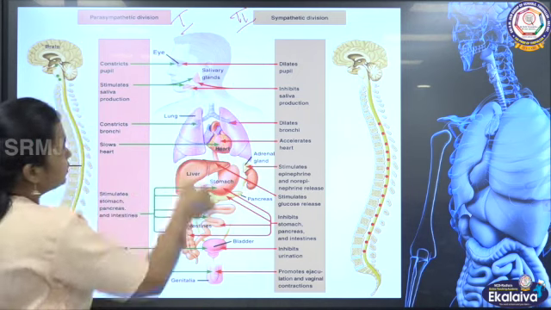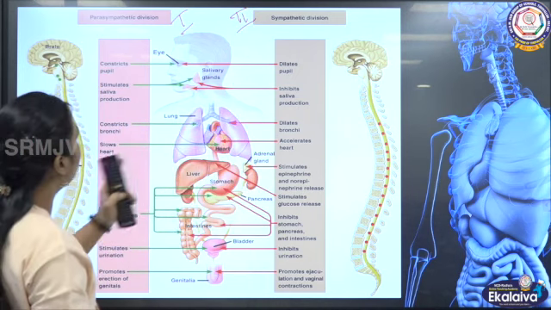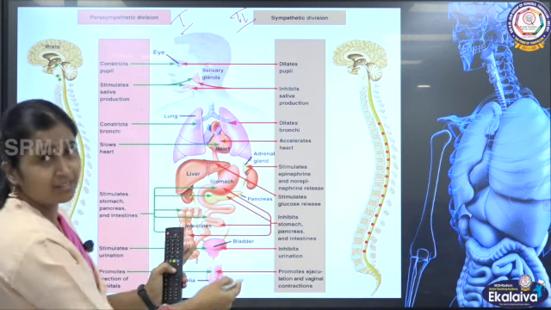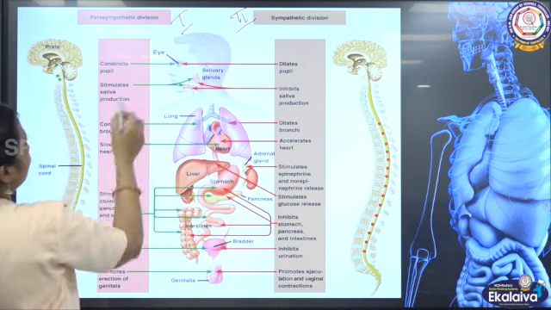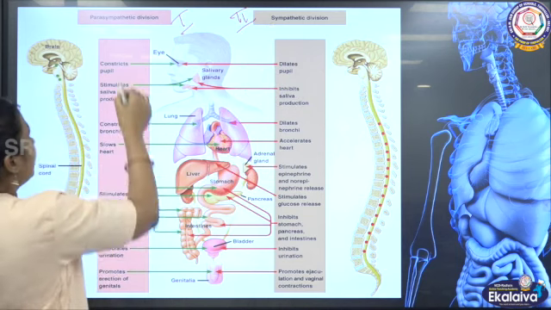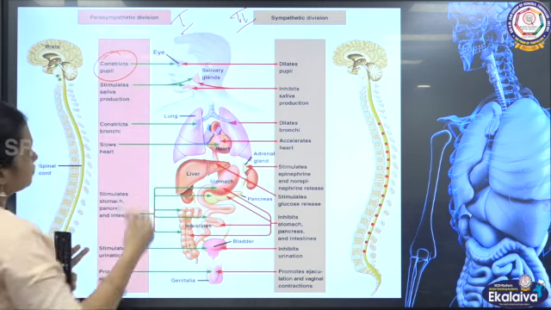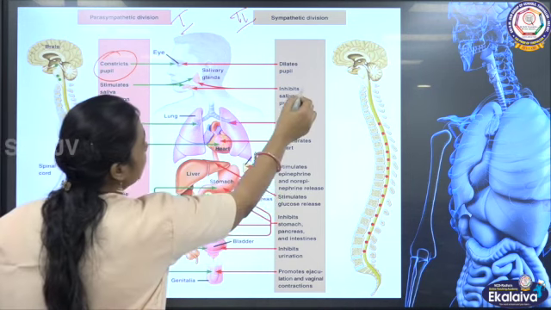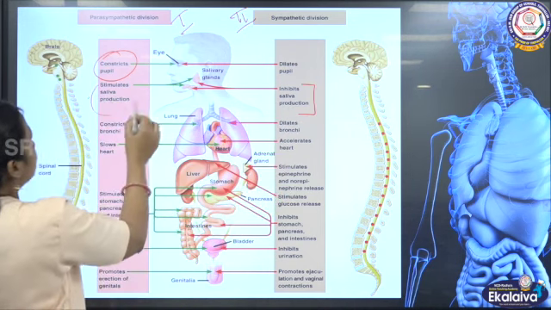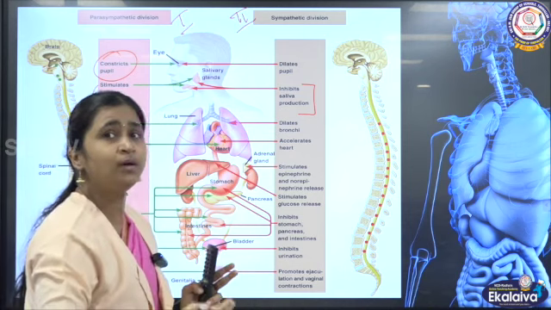If you see our system on the whole, you can see how it has been divided. One side parasympathetic, another side sympathetic. For example, the pupil of the eye: the sympathetic nerve will dilate it and the parasympathetic constricts it. Another example, inhibits saliva production, which one? Sympathetic. And parasympathetic stimulates it. So one is stimulating, the other one is inhibiting.